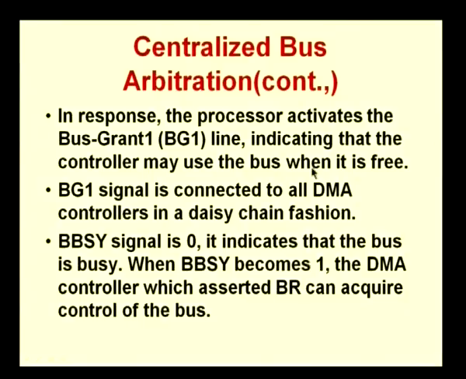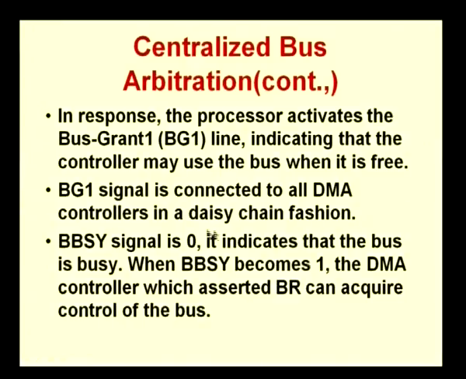So this is what we mean when we say that when the bus is free, it can start the data transfer. Now, the BG1 signal is connected to all the DMA controllers in a daisy chain fashion. Daisy chain fashion means that if a particular device wants to use the bus, it will use it. If it is not using it, it will pass on the grant signal to the next device in the chain.